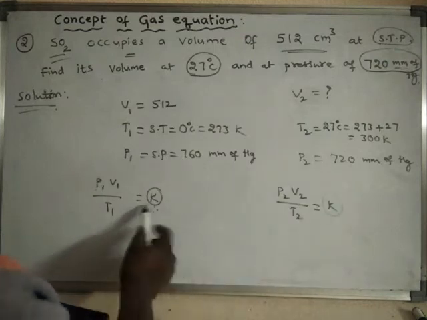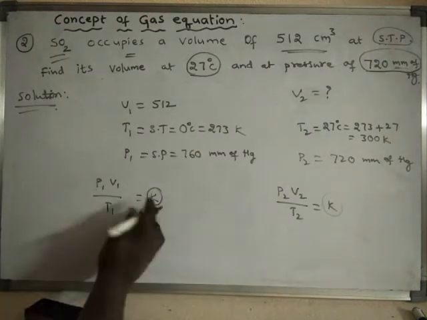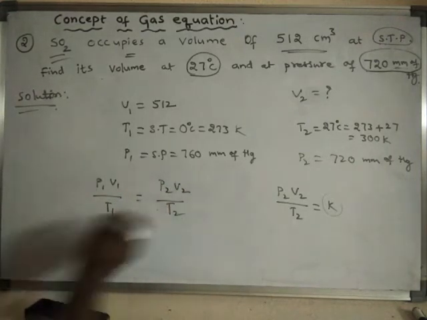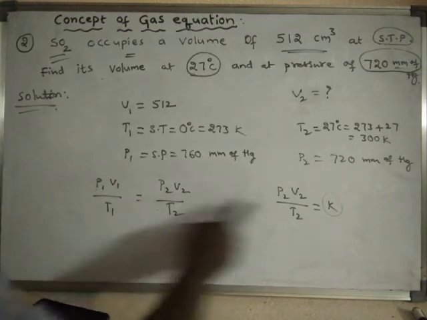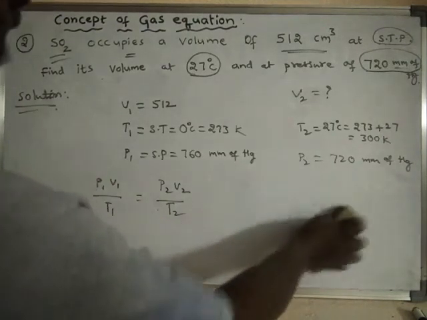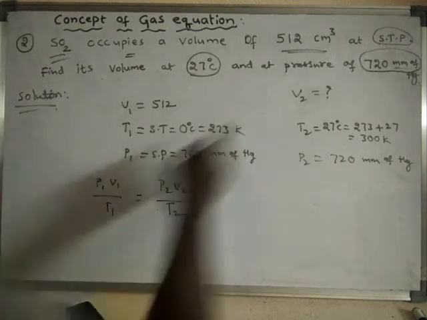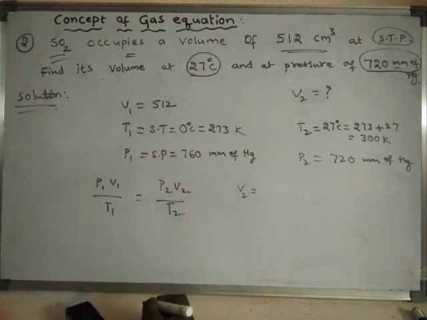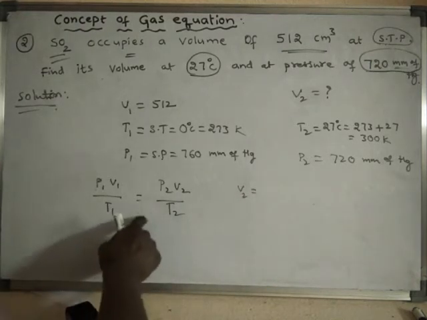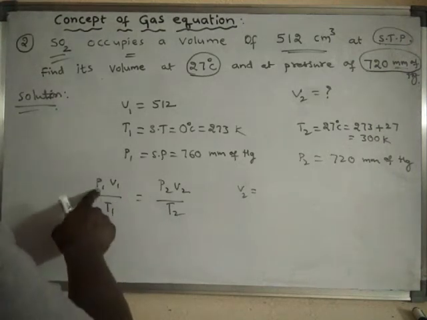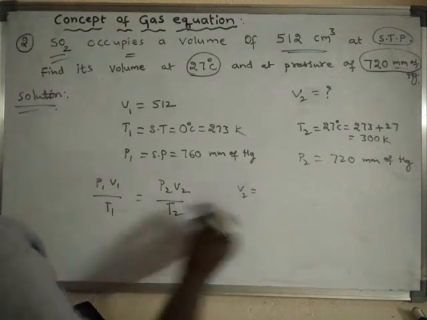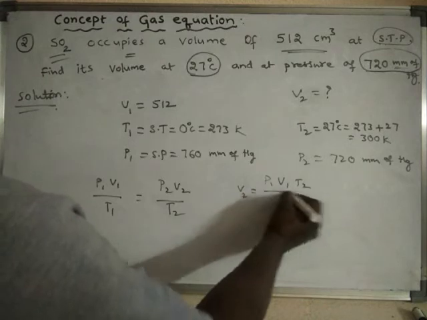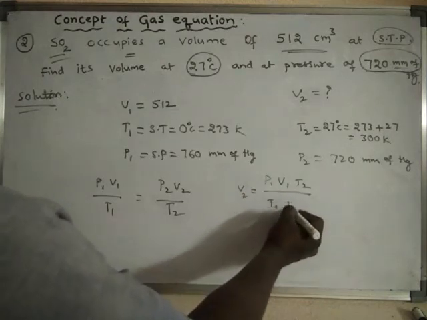Hence P1 V1 by T1 will be equal to P2 V2 by T2, because this is also K. Now here we need V2. So again the same interconversions. Upon rearranging, we will get V2 is equal to P1 V1 T2 by T1 P2.